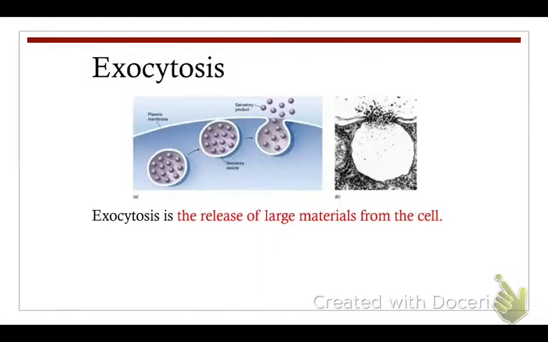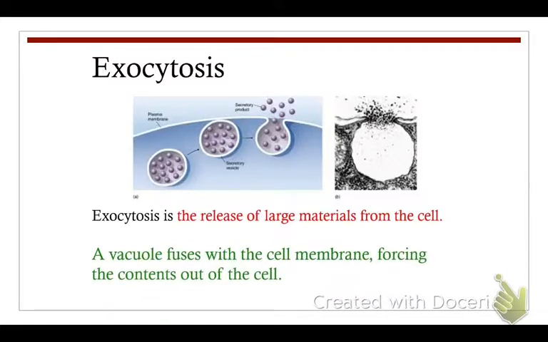We're just going to put it out there. So a vacuole fuses with the cell membrane, forcing the contents out of the cell, as you can see in that little picture. All right, and that's everything.